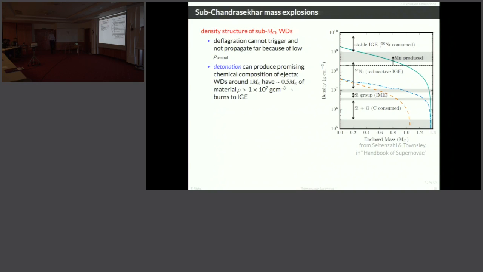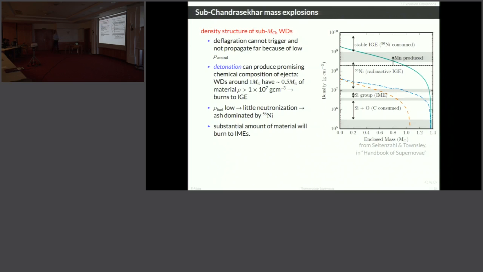The deflagration is not likely to trigger here because you have too low fuel densities, and if it did trigger, it would also not propagate very far because of the low densities. Therefore, the detonation in the sub-Chandra mass explosion model is the only viable mode of flame propagation to produce a thermonuclear supernova explosion.